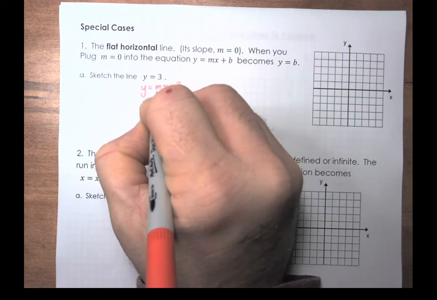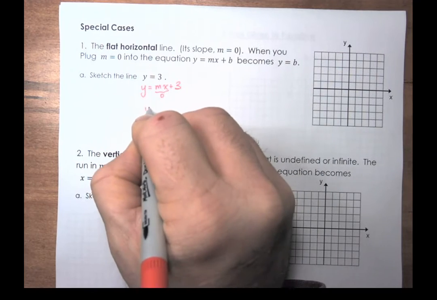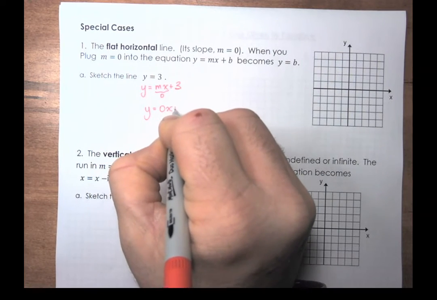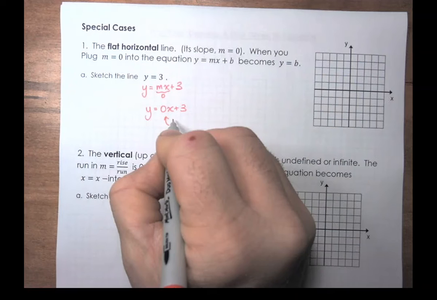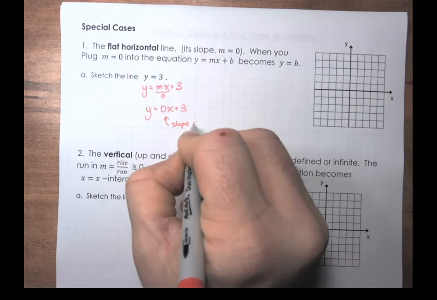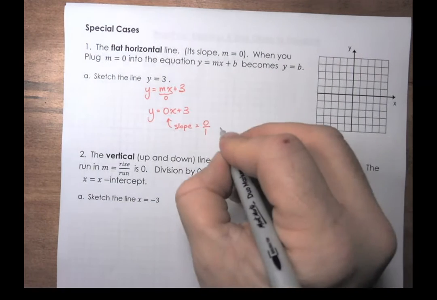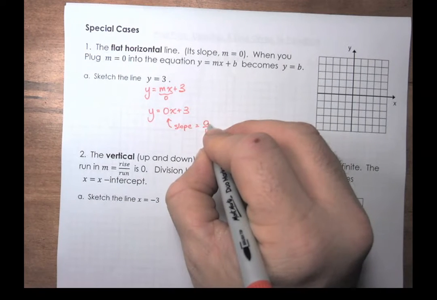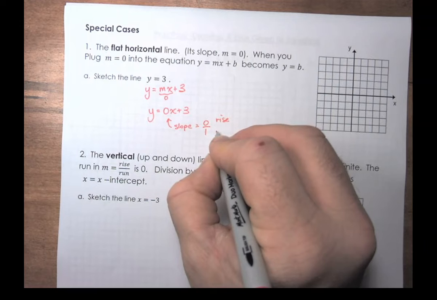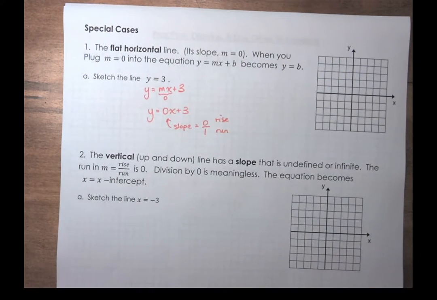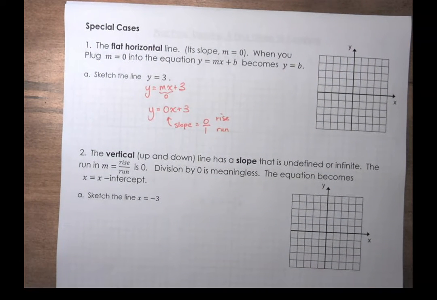Well, if I wanted to make this 0 go away, it would have to be like this. All right. I have a slope of 0. That means for every rise I go of 0, I'm going to run 1. That's a way of saying it.